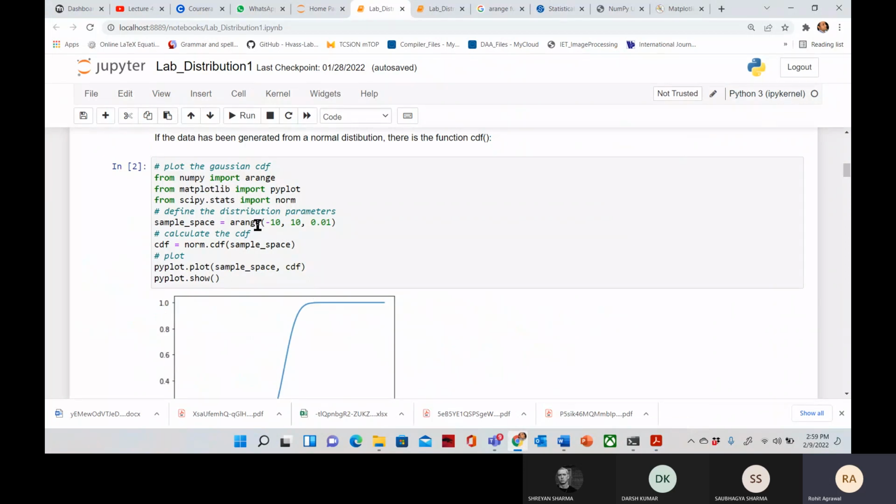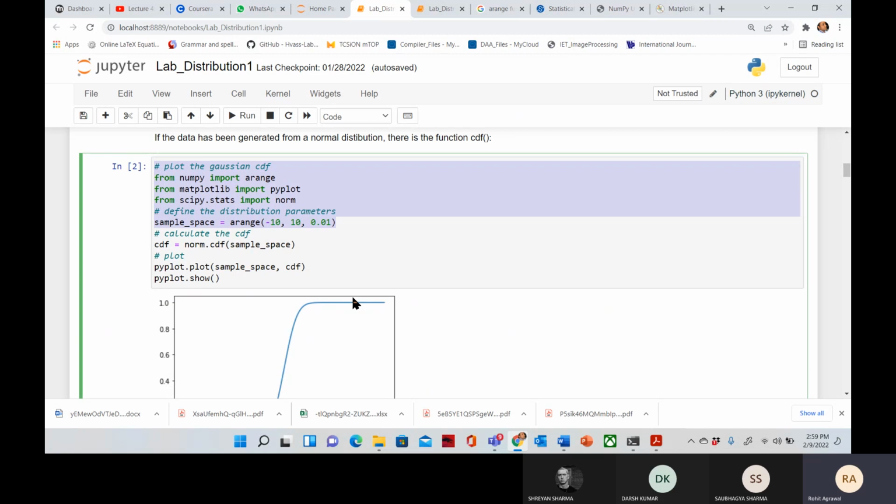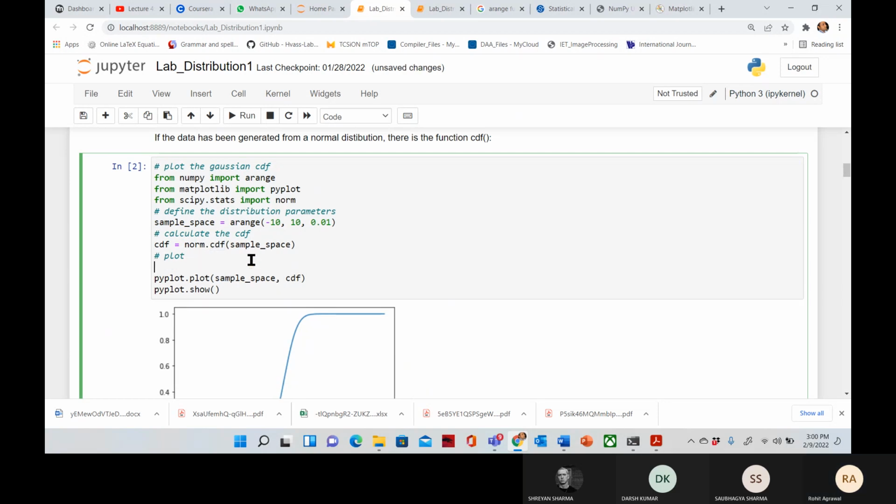All the things are the same till now. Next, for the cumulative density function we will use norm.cdf. Clear? Print cdf. What values will we have for this cdf?